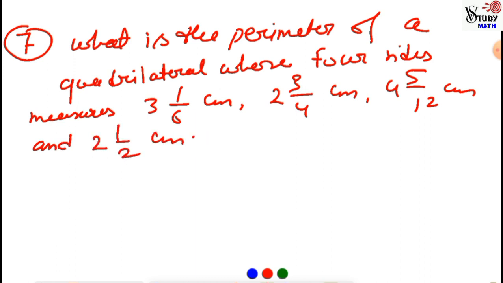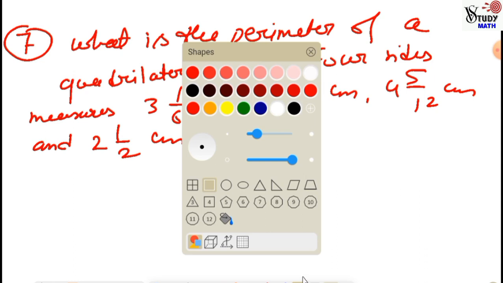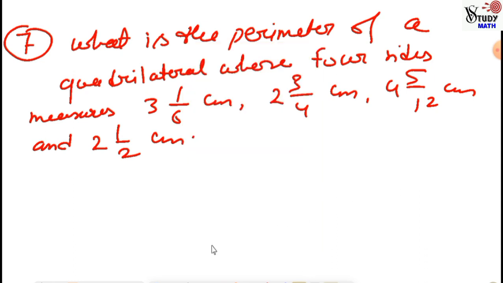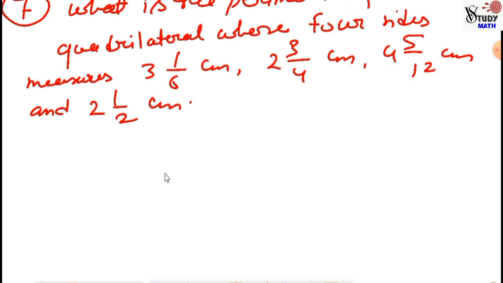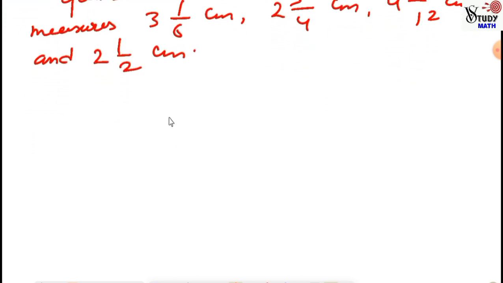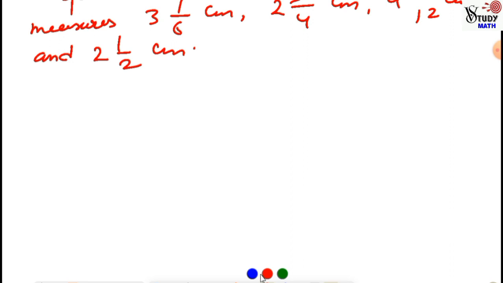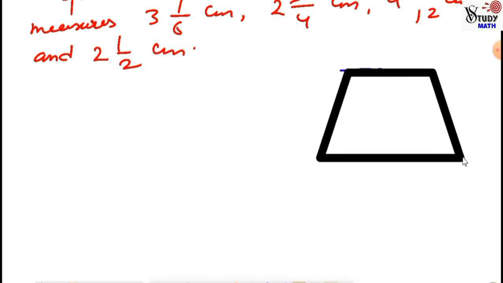So let's take a quadrilateral. Quadrilateral is any shape which has four sides. First try to understand the concept. So my dear students, this is the quadrilateral we have. It has four sides.